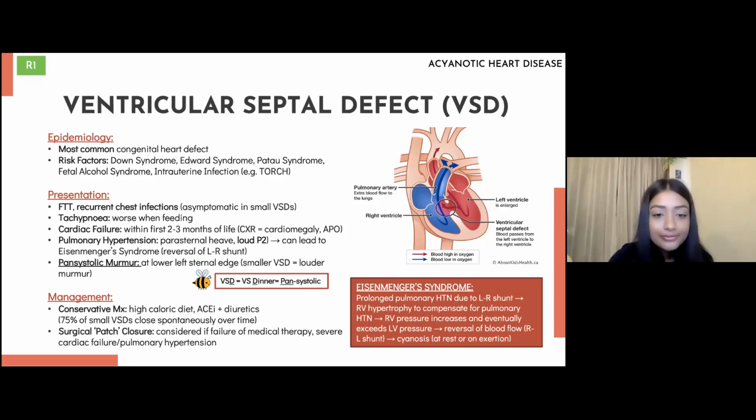I'll just ask one more question. Sure. For all congenital heart diseases in an OSCE, would you order an ECG, echo, and chest X-ray for all of them in general? I guess if you're just listing all the possible investigations you would do, I think that's fair to say, because you're trying to think about all the possibilities, whether it's cardiac versus pulmonary.